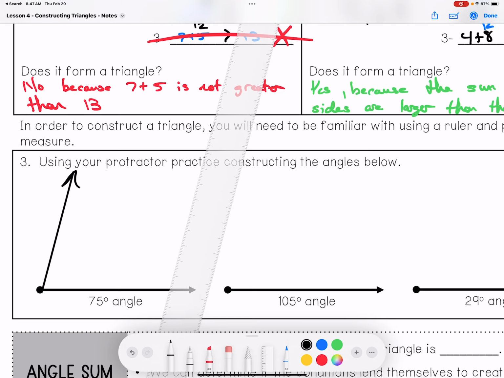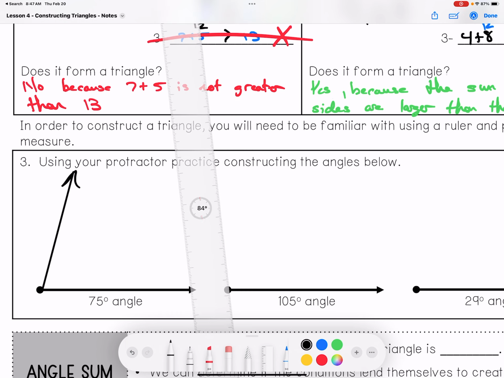The next one is 105. There it is at 90. Now I'm going to go, well, hold up, coach. It's going smaller than 90. Okay. How much smaller than 90? I need to go to 75 this way. Why? 75 to 90 is 15 degrees.